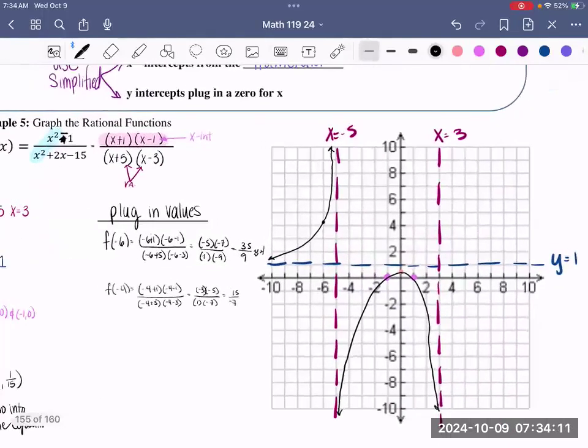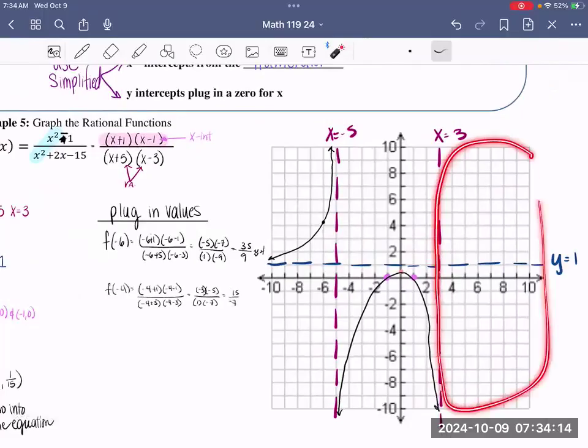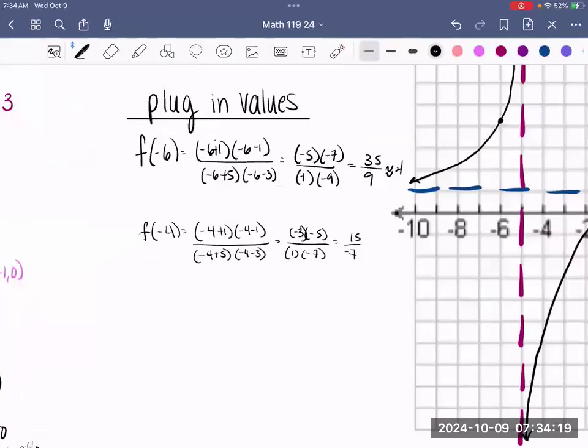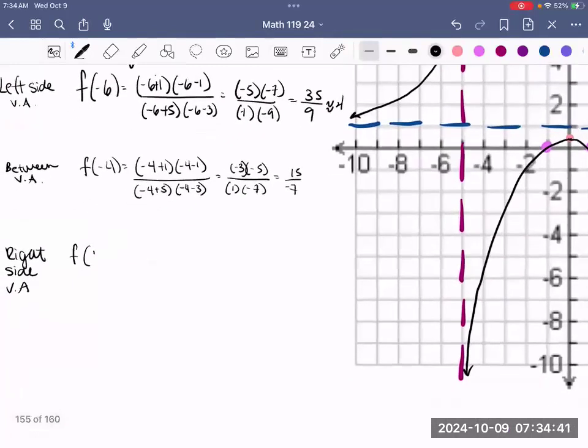And last one, we're going to pick a value or two to the right-hand side of your vertical asymptote. So again, we did the left-hand side of the vertical asymptote, and between the vertical asymptotes. And now we'll do the right side of the vertical asymptote. F of, let's see, we can't choose 3, but let's choose just 4. So you have 4 plus 1, 4 minus 1, 4 plus 5, and 4 minus 3.